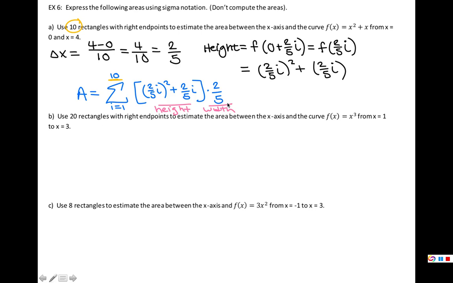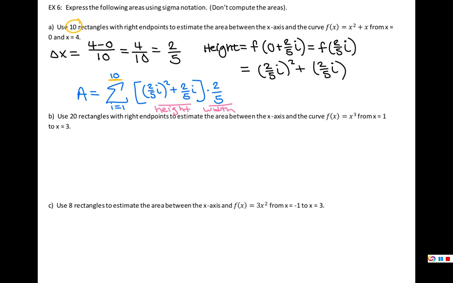And so that's how I would express in sigma notation how to find the area under x squared plus x from 0 to 4 using 10 rectangles. You don't have to go any further with this and simplify it. Really, the point of these problems is just putting together the various pieces and trying to get comfortable with writing area using sigma notation.